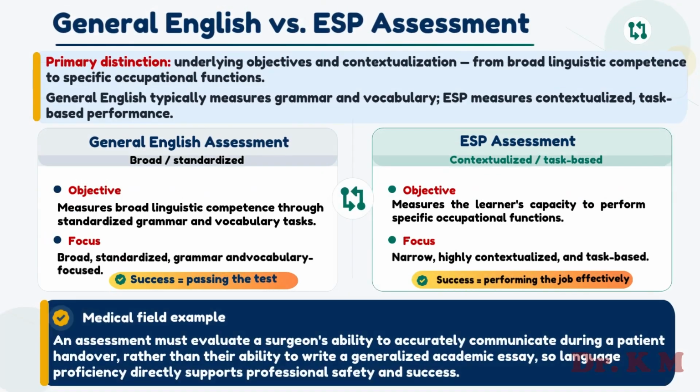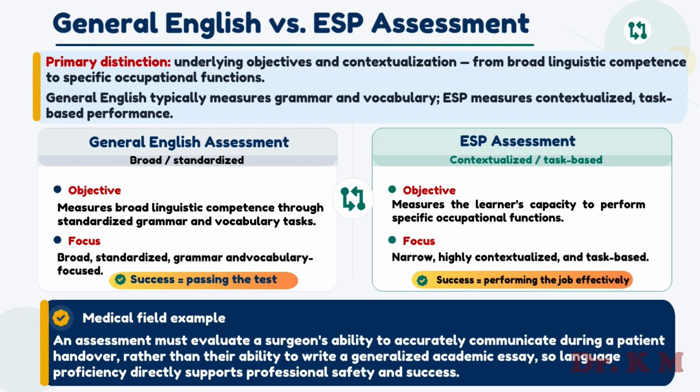General English versus ESP assessment. The primary distinction between General English and ESP assessment lies in their underlying objectives and contextualization. While General English assessments typically measure broad linguistic competence through standardized grammar and vocabulary tasks, ESP assessments are highly contextualized and task-based, measuring the learner's capacity to perform specific occupational functions.